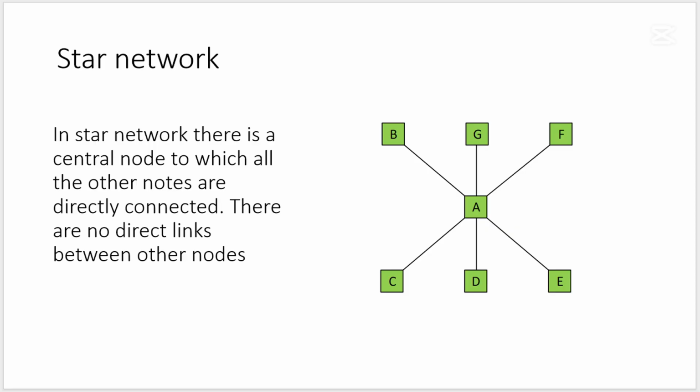So star topology has a central node, also known as a hub or switch, to which all the other nodes are connected directly. The topology is often used for networks where all traffic is directed through the central point. So we come to the characteristics: centralized design with a hub node.